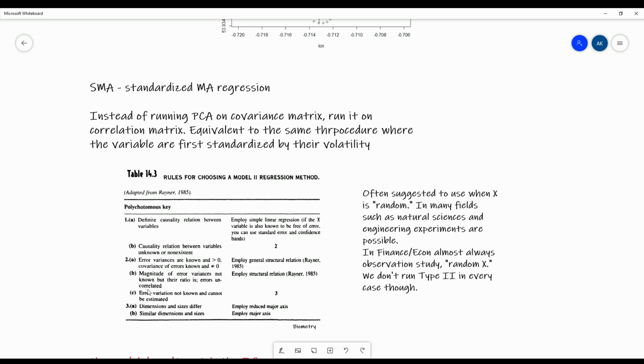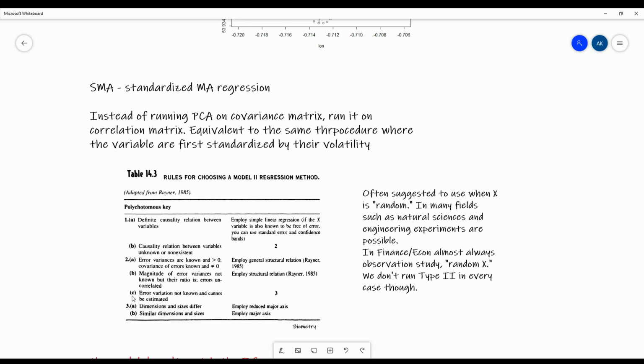These rules could be interesting, and I encourage you to read them. It's interesting that quite often in ecology they suggest applying major axis regression where you know that your x variables, the regressors, are random.